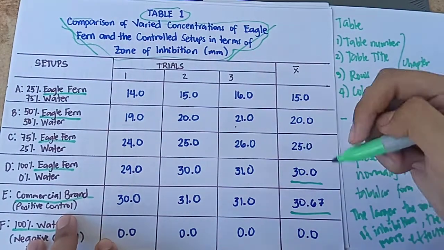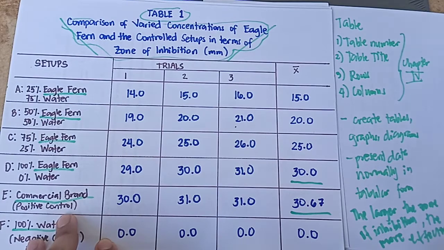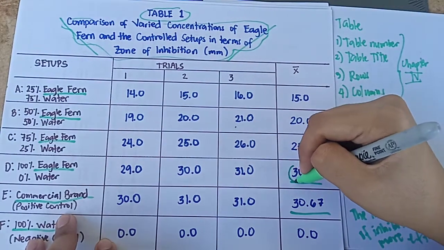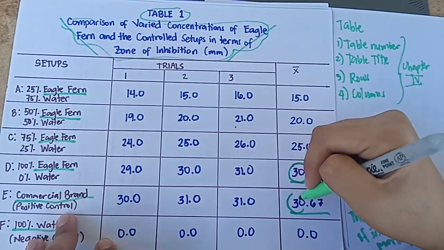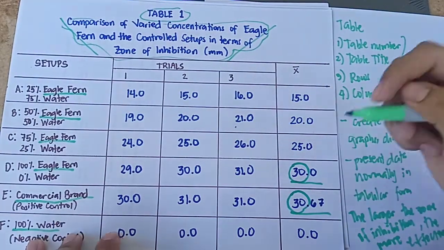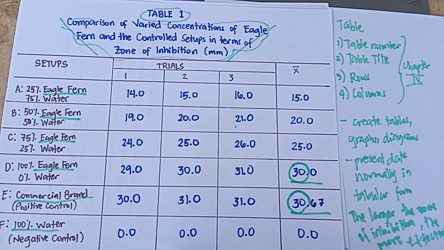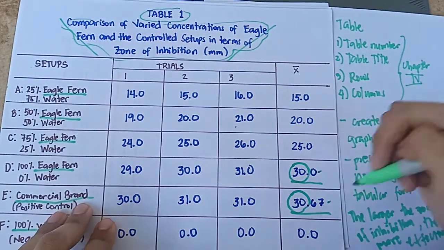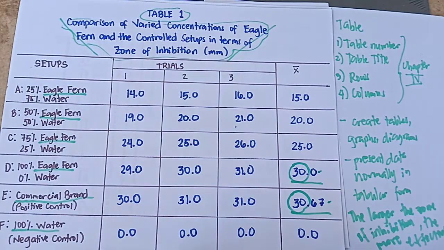Now, it is valid and reliable because when we look at the numbers before the decimal point, it is very close to one another. It is exactly the same. We just have the uncertain digits here, but we can say that it is valid. So we can prove our hypothesis that the eagle fern is effective in killing Salmonella typhi.